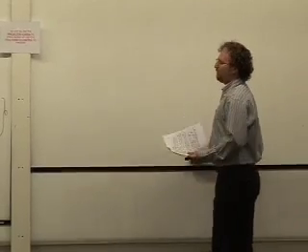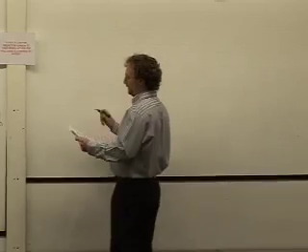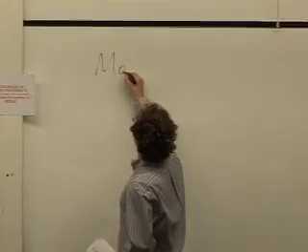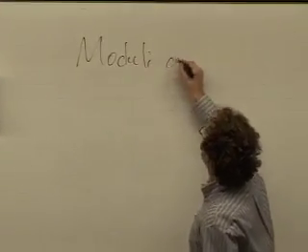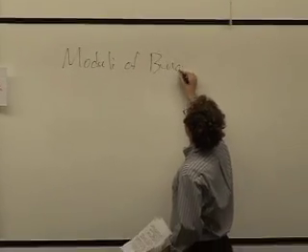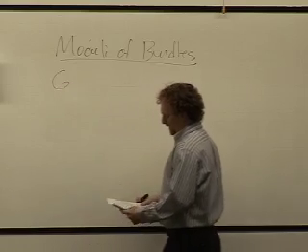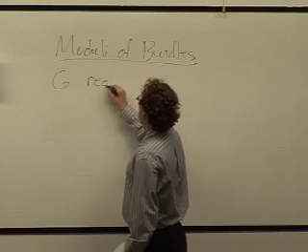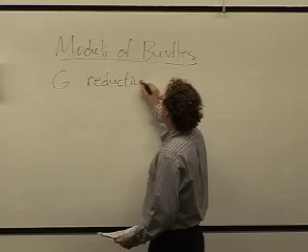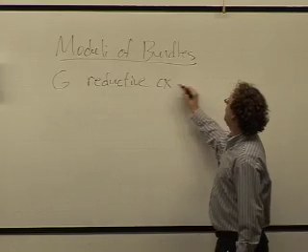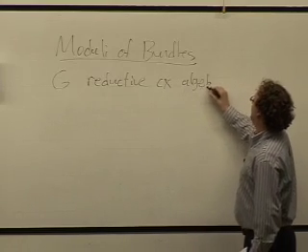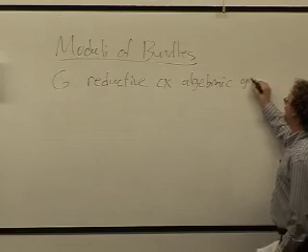Okay, so now we get to moduli spaces of bundles. So what's going to be our context? We're going to start with G, which is going to be a reductive and complex algebraic group, reductive group.